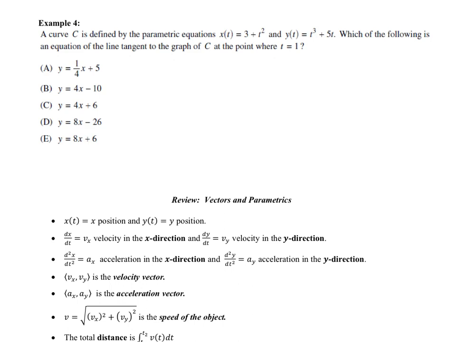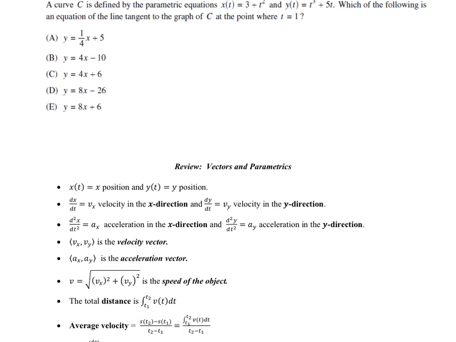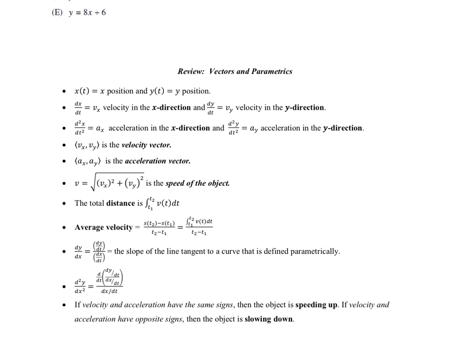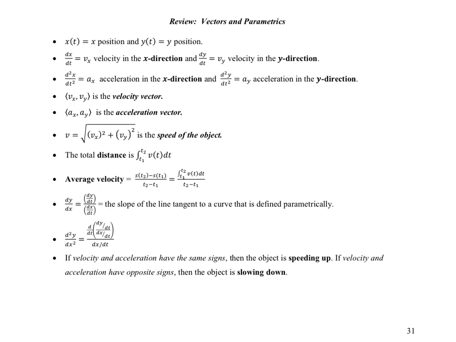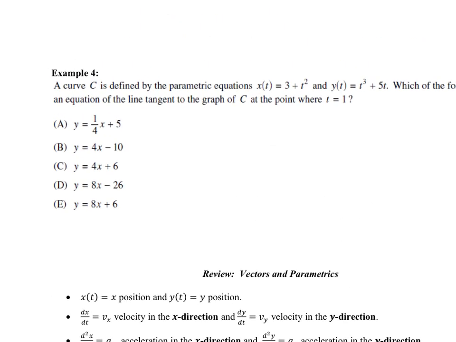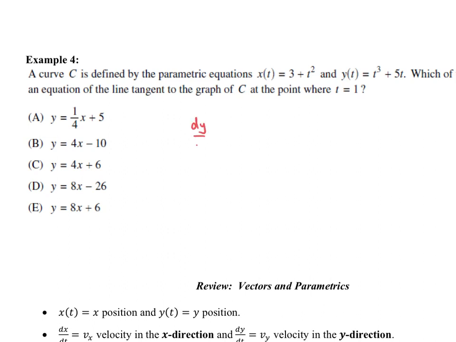Remember, for a tangent line, you do need a slope. You can see, let's see, where is it here? There we go. Sorry, it took me a second to find it. So here's your slope. That's the slope of a parametric equation. So we have dy/dx is our common slope notation, but it's going to be dy/dt divided by dx/dt.